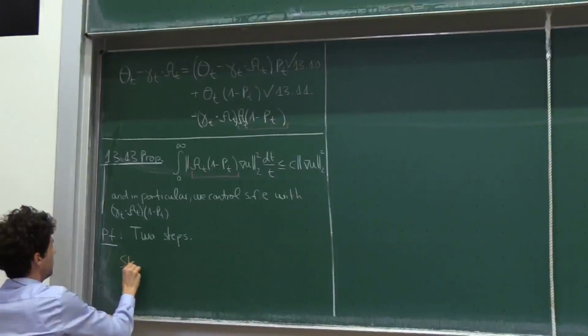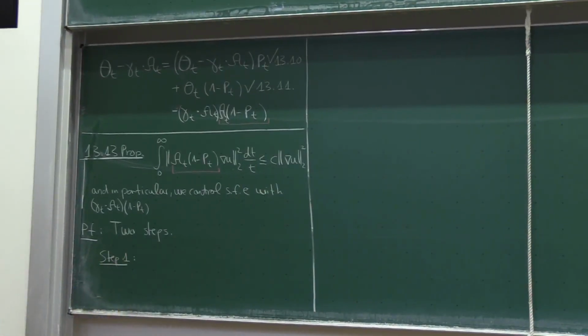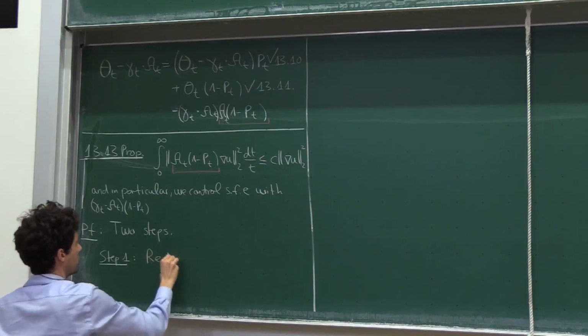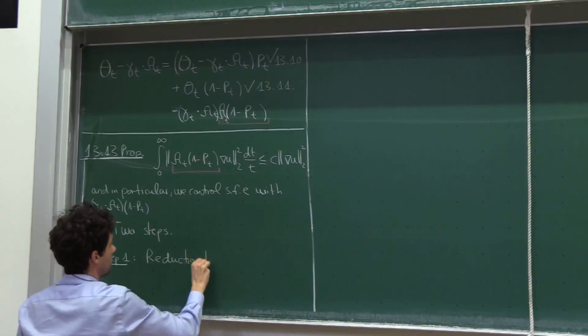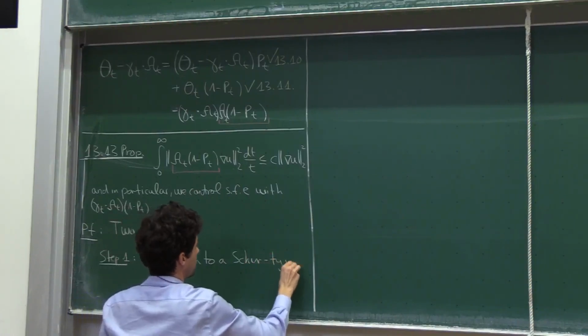So step 1 used something that Andrew showed us when he gave the lecture on McIntosh's theorem. It's called a Schur type bound. Okay, so I claim step 1 is a reduction of the claim to a Schur type bound.